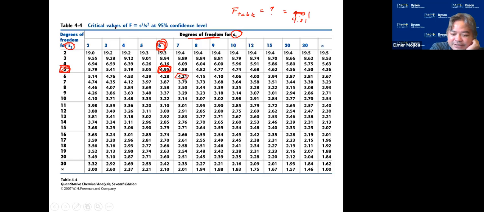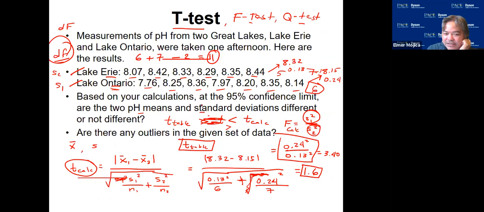So if that is the case, what can you say about the F-test results? You could say it is also not different. Analyze why I make this an S1 and this an S2.